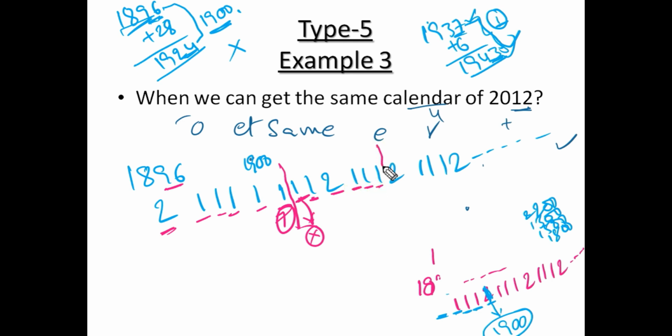Here we got 14, a multiple of 7, and the next year is a leap year. Yes, it is the answer finally. So 1900, 1901, 2, 3, 4, 5, 6, 7, 8. So 1908 is the same calendar as 1896.